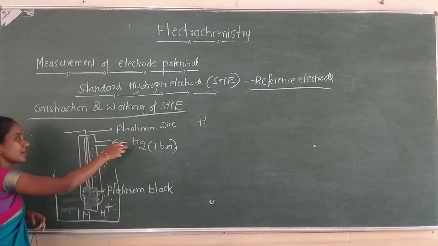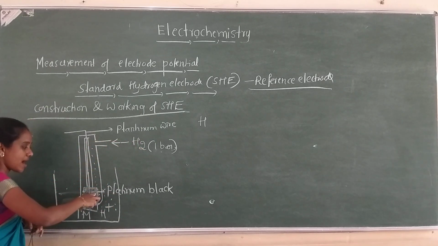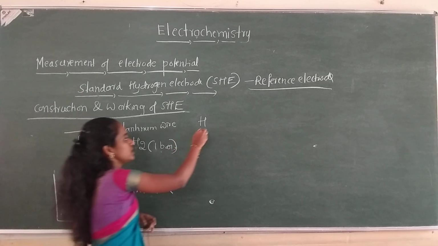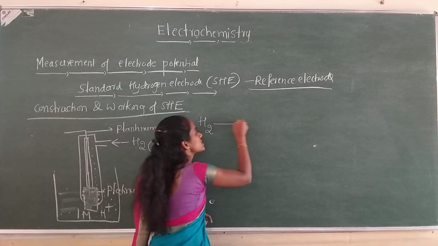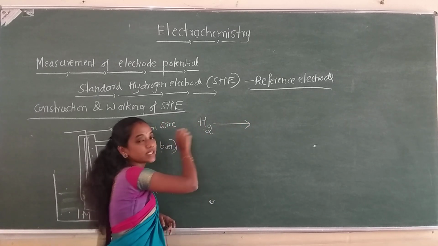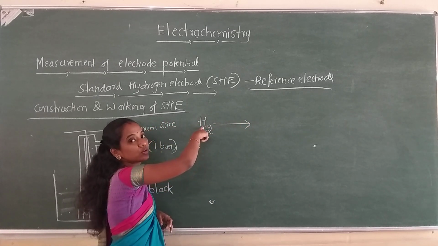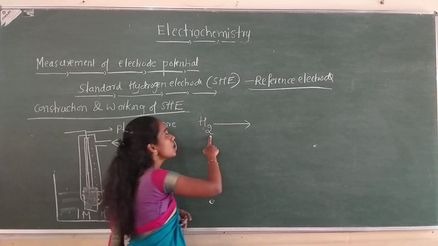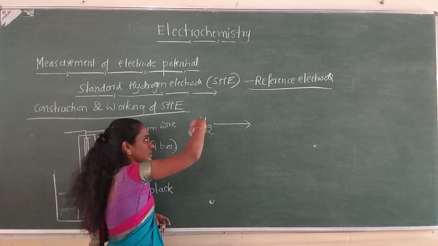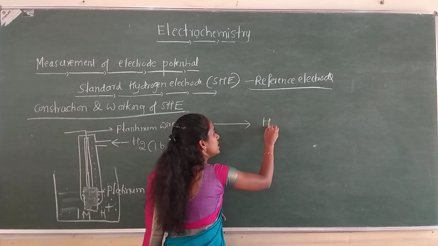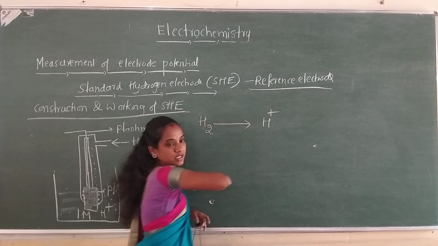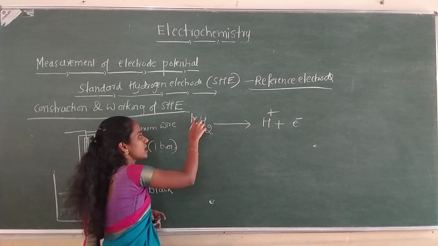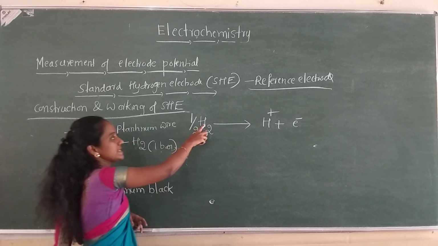Now after passing hydrogen gas, what happens? The hydrogen gas goes into the solution and undergoes oxidation, losing its electron. In hydrogen we know that 1 electron is present. Since there are 2 hydrogen atoms, it will undergo oxidation, losing its electron to form H plus. To balance this reaction, I will write half H2 giving a single hydrogen.